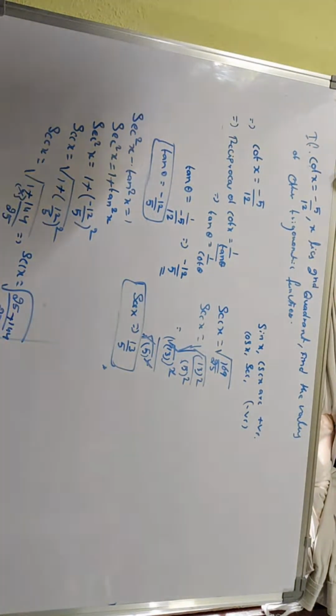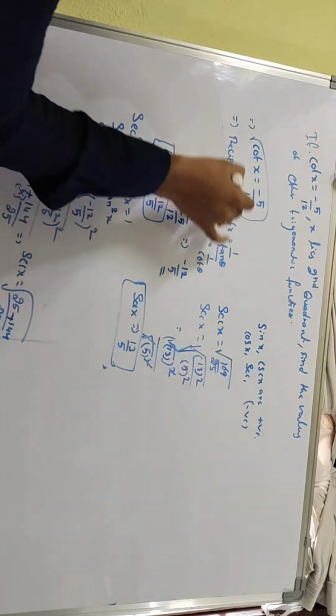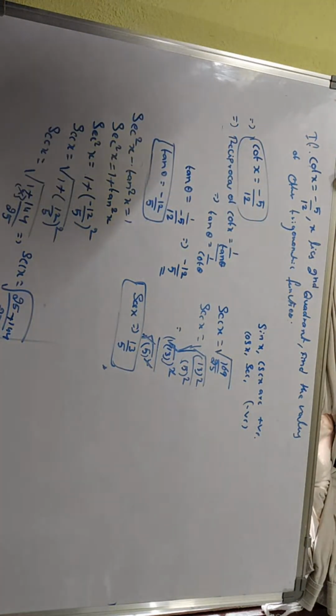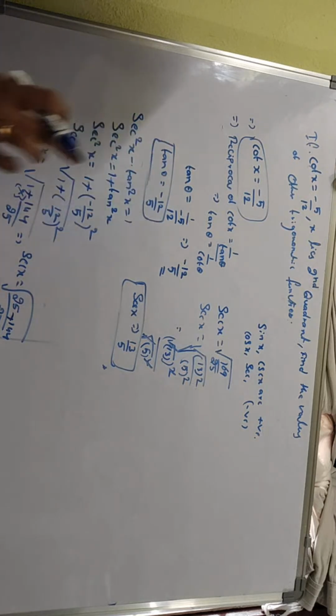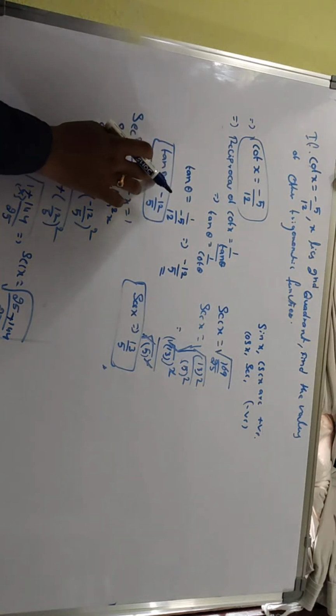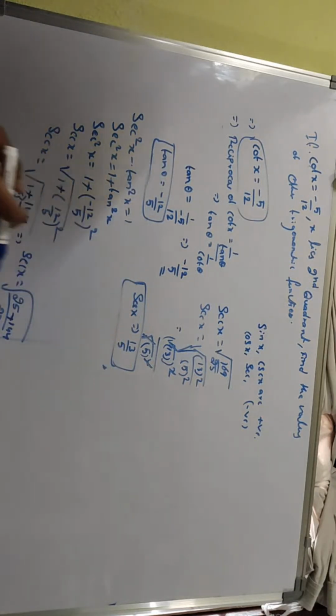Okay, and we already found cot x is equal to minus 5 by 12 given in the question, and tan theta is equal to minus 12 by 5. Already we found this, and the other one, secant x, is equal to 13 by 5. So these are the main questions that we have followed.